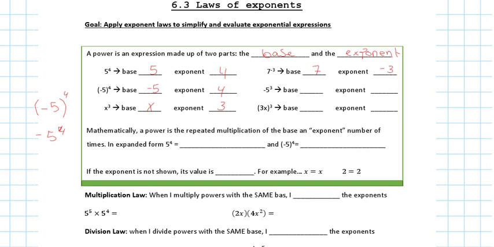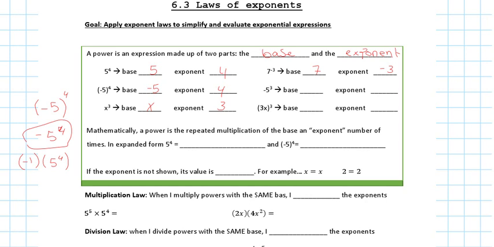So this is kind of like having negative 1 multiplied by 5 to the power of 4. That's how it looks if I want to write it in expanded format. The negative is a negative 1 multiplied by 5 to the power of 4.